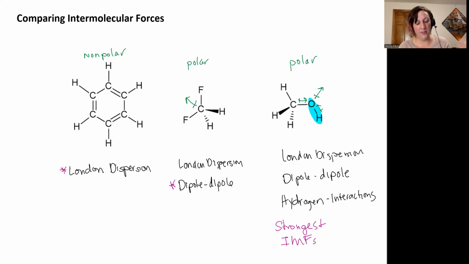Granted, it's the biggest molecule, but it only has one type and it's the weakest. So our weakest interactions are from our benzene, the one that's just carbon-carbon and carbon-hydrogen. And so we'll use this information later to say, oh, well, I bet that the one with the strongest intermolecular forces has the highest boiling point.